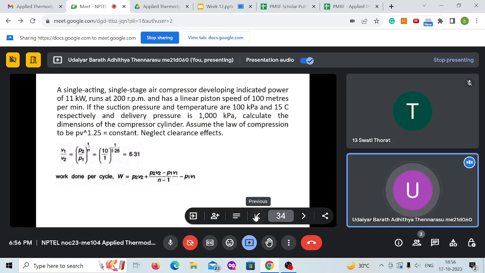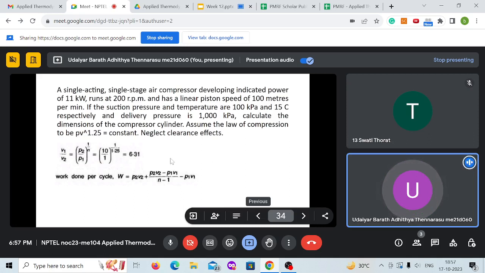So the next question is, a single acting single stage air compressor developing indicated power of 11 kilowatts runs at 200 rpm and has a linear piston speed of 100 meters per minute. If the suction pressure and temperature are 100 kilopascal and 15 degrees Celsius respectively, and the delivery pressure is 1000 kilopascal, calculate the dimension of the compressor cylinder.